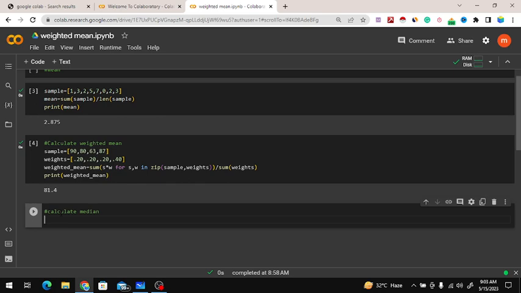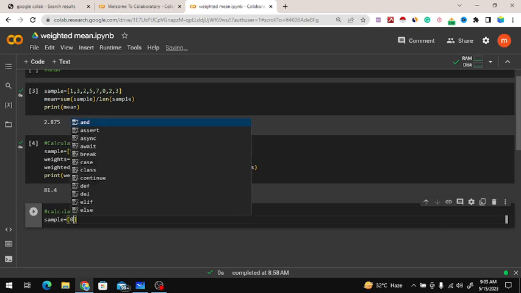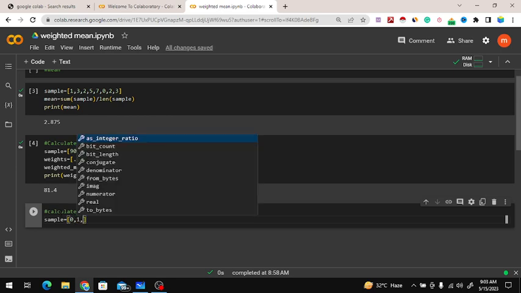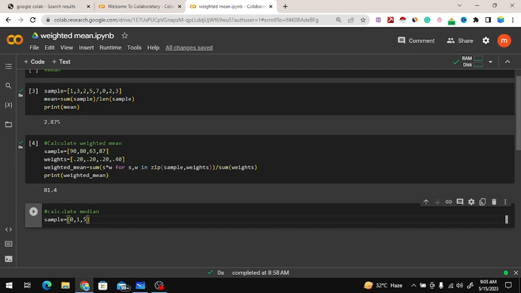First I will create a sample. The sample should be a list with some values, like you can start from 0, 1, 5, 7, 9, 10, and we can take one more value like 14.